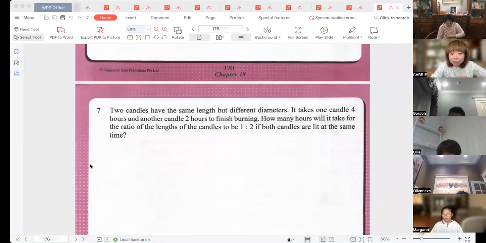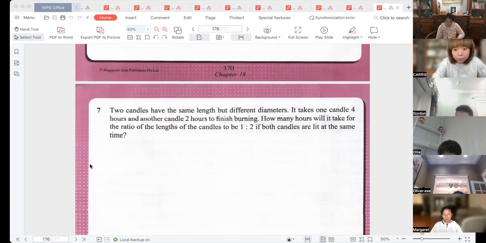It takes one candle 4 hours and another candle 2 hours to finish burning. How many hours will it take for the ratio of the lengths of the candles to be 1 to 2 if both candles are lit at the same time? The good thing is they start to be lit at the same time, right?